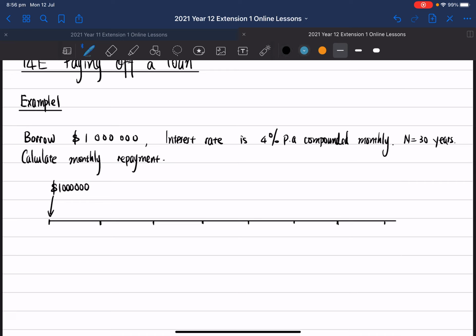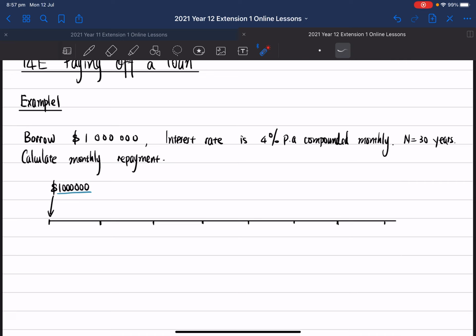But then think about this. You borrow the $1 million at the beginning, but during this 1 month period, the bank is going to charge you the interest. So you're not going to just pay off 1 million for the first payment, because after 1 month, or after 1 period, the bank has already charged you the interest.